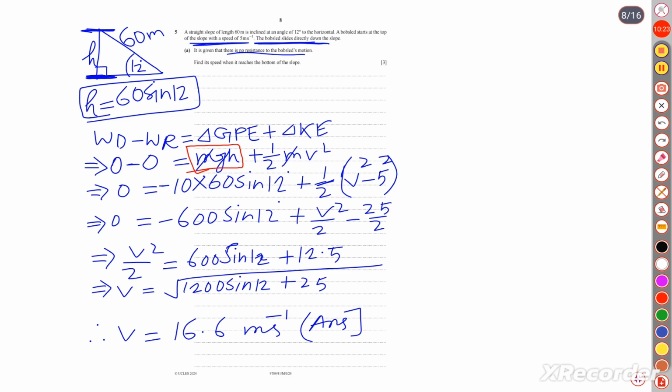And the other point is height. In case of height and velocity, always the final height and final velocity should be written first.